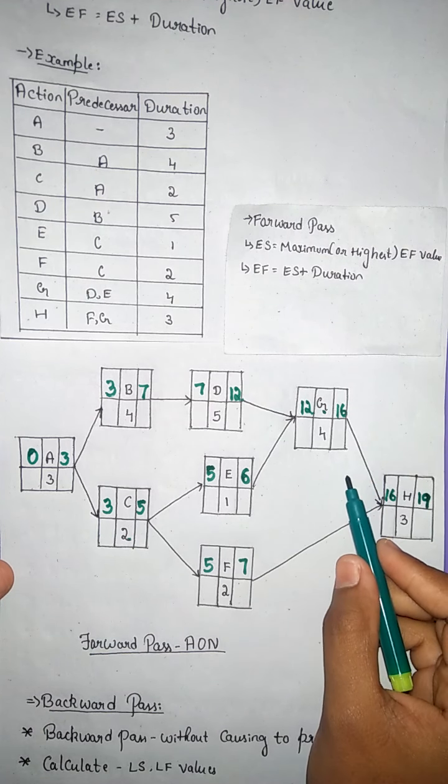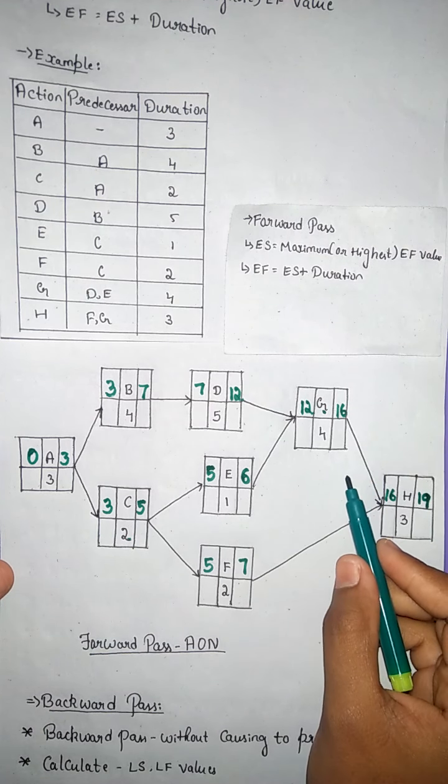Let's now move on to the backward pass. The second step in the calculation is the backward pass. The backward pass tells us the latest time activities can start and finish without violating schedule constraints or without causing the project to be late.